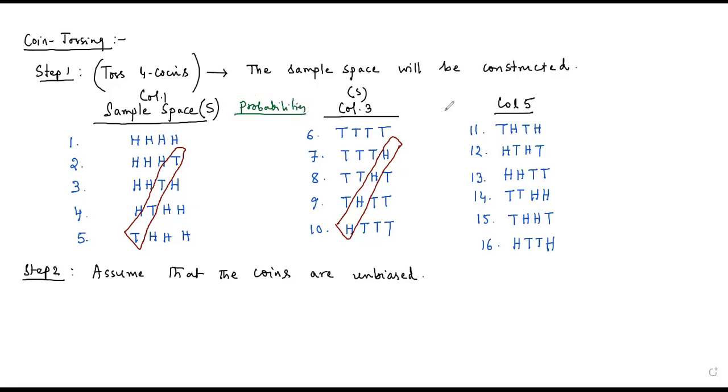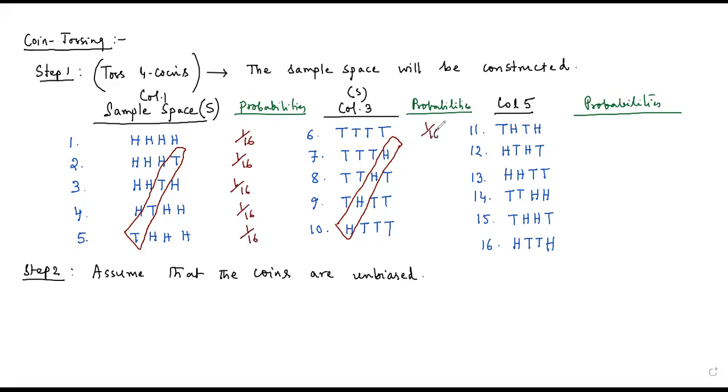You know that when we consider the system to be unbiased, the probabilities can be calculated using the classical definition, and every outcome has an equal chance of occurrence. So we can substitute the probability, and it is pretty simple. It is 1 by 16, 1 by 16, 1 by 16, 1 by 16.